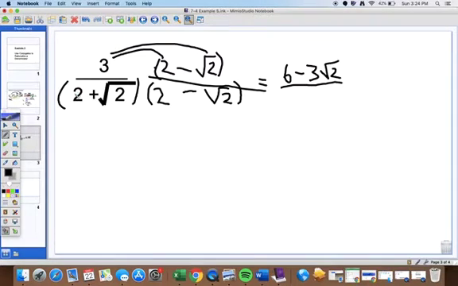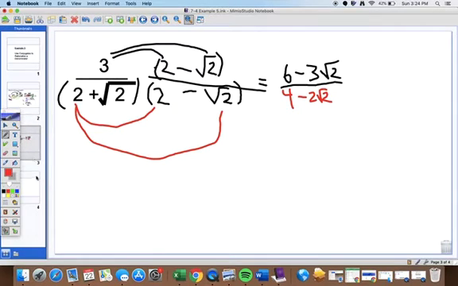All right, on the bottom. So let's start with your first term here. And we multiply that by both things. So you get 2 times 2 is 4. And then you have a positive 2 times a negative square root of 2. So that's minus 2 times the square root of 2.